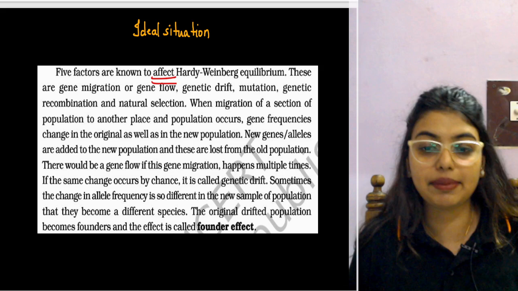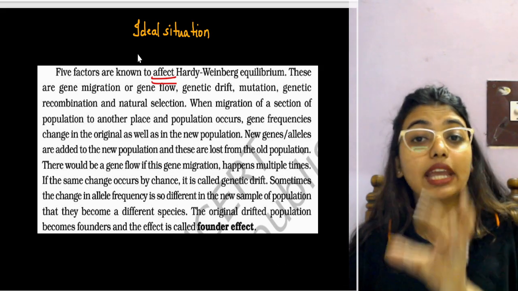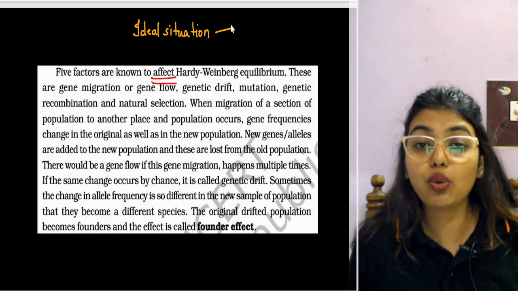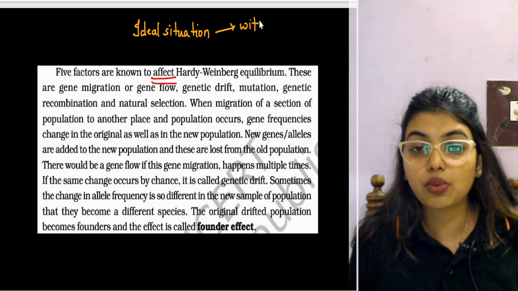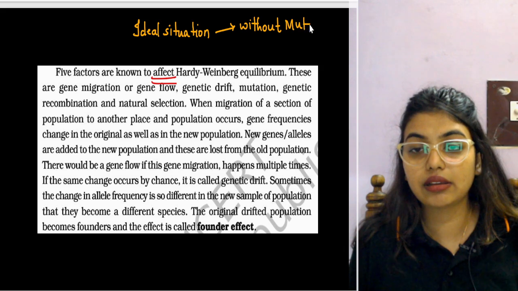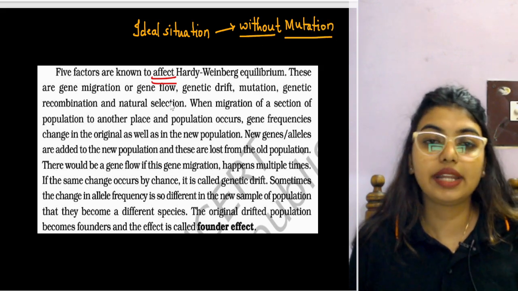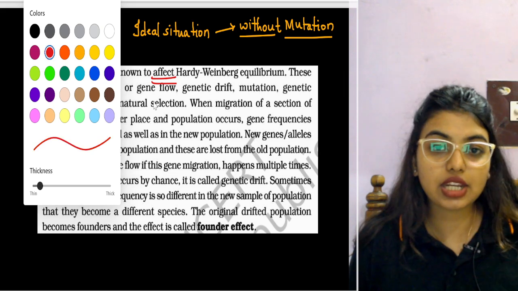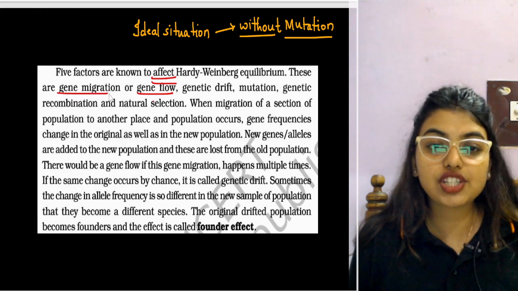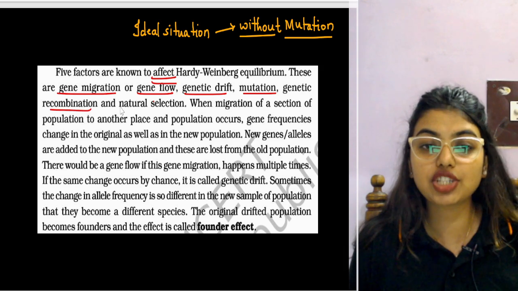Similarly, here Hardy-Weinberg equilibrium is calculated without mutation. Understood? Without mutation. Now, these are gene migration or gene flow, genetic drift, mutation, genetic recombination, and natural selection.